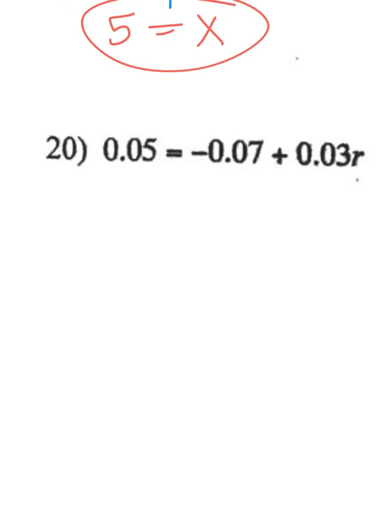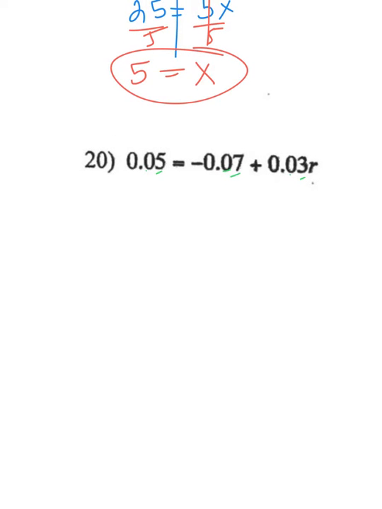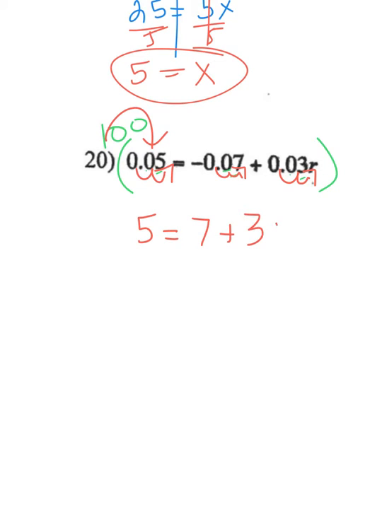And this one right here, I noticed tenths, hundredths, tenths, hundredths, so I'm going to multiply all of them by 100. And that just means you move the decimal over 2 places. Okay, so 100 times 0.05, that's going to be 5 equals 7 plus 3r.